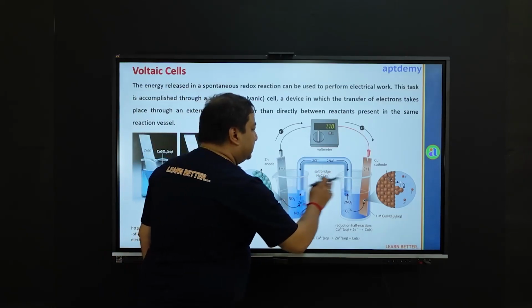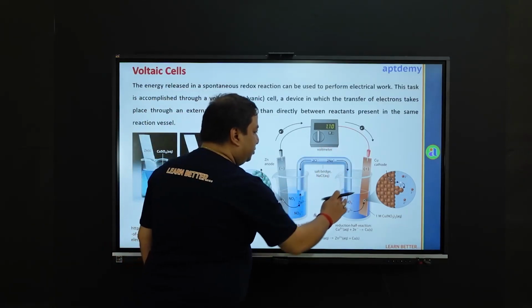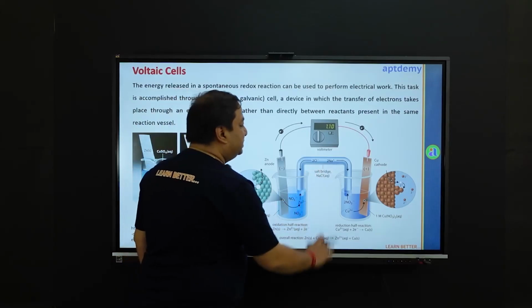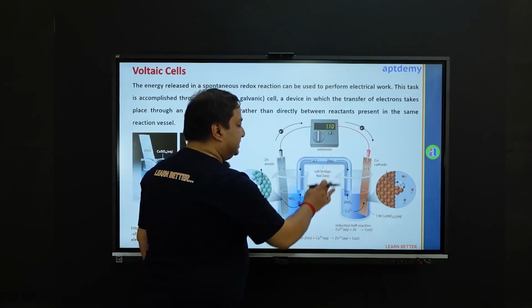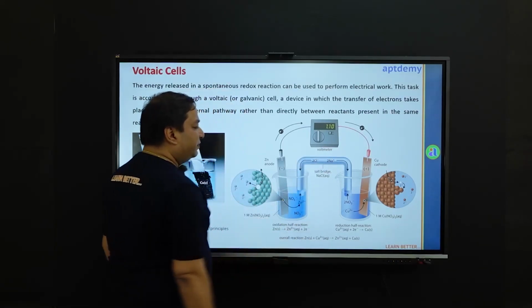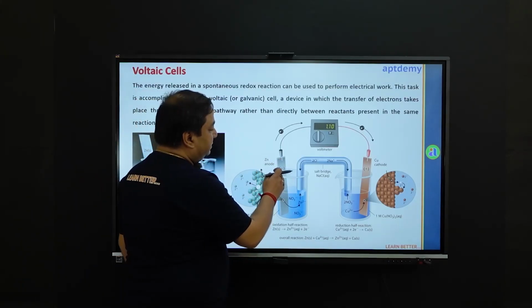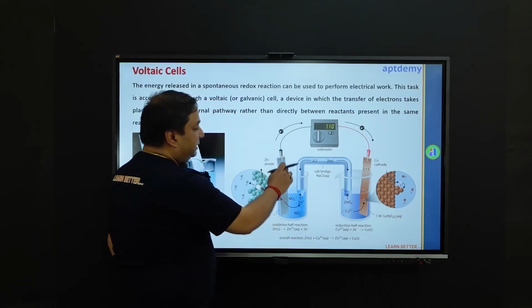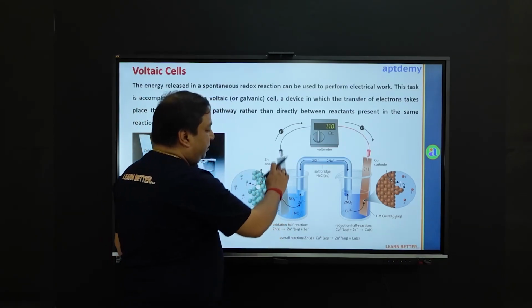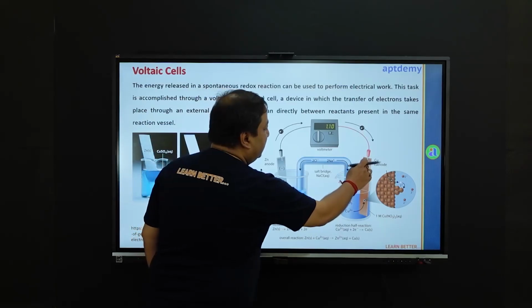Now the two beakers are connected by a U-shaped tube which is called a salt bridge. Okay, we will be discussing in some detail what the salt bridge is and what the role of it is. Okay, now as in the picture we are seeing that we have assigned the zinc plate as minus and the copper plate as plus.